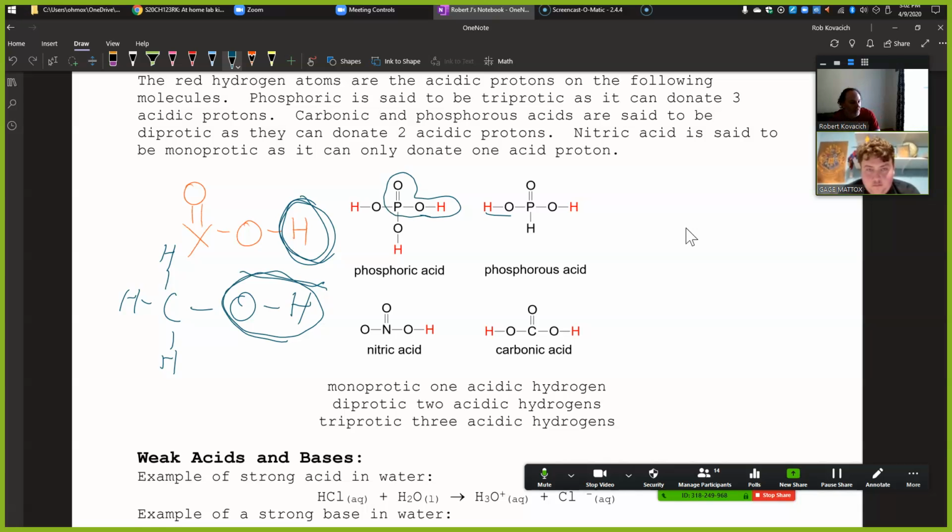And so over here, I've got that H being acidic, and that H being acidic, but this one doesn't have the oxygen connection, so it itself is not acidic. Same situation here. I have a hydrogen connected to an oxygen connected to something that's doubly bonded to an oxygen. Both of these hydrogens share the carbon doubly bonded to an oxygen, but it doesn't matter. Both those hydrogens are acidic.